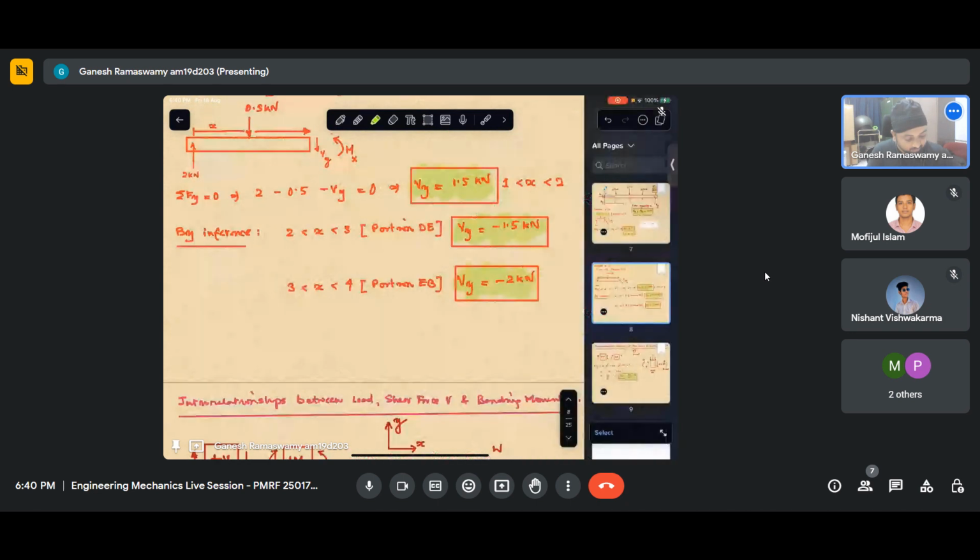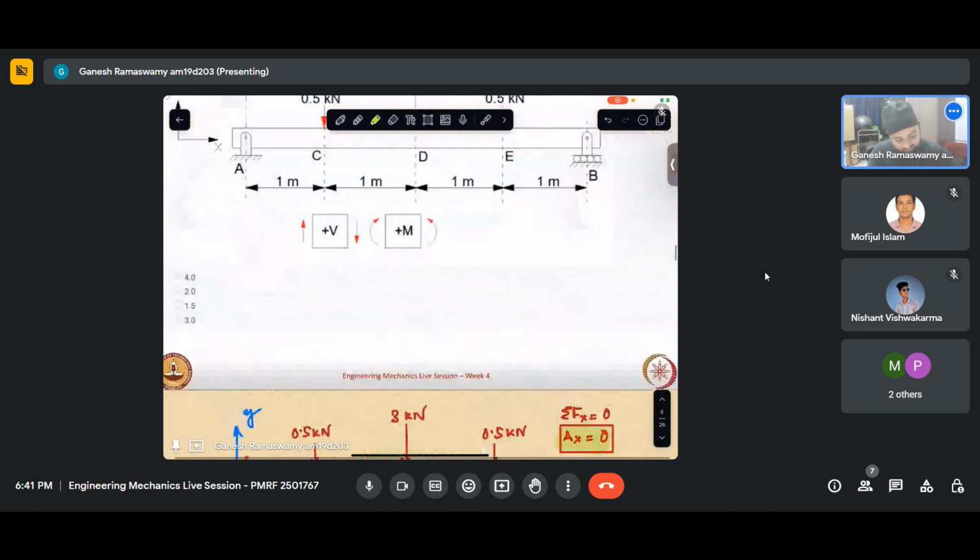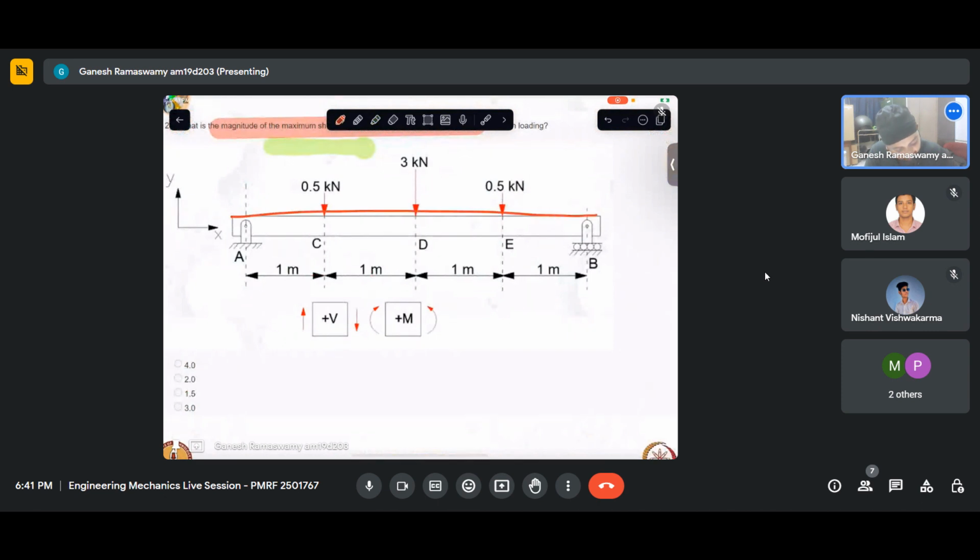In that case, if I take this to be my beam, and I have 0.5 kilonewton applied there, I have 3 kilonewton applied there, I have the reaction 2 kilonewton.